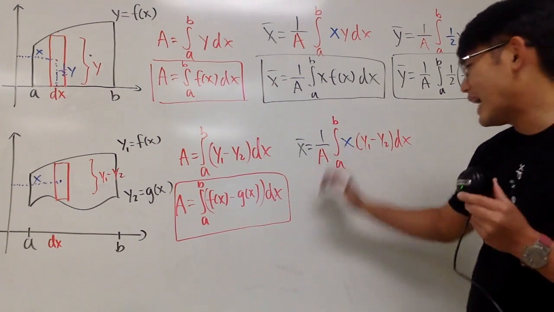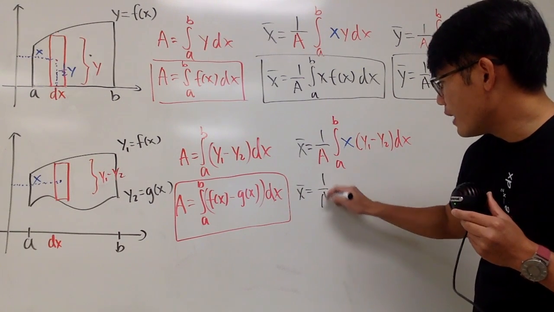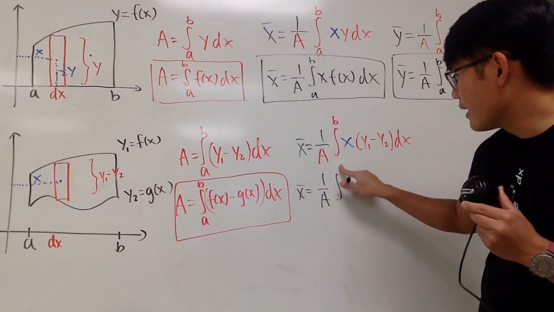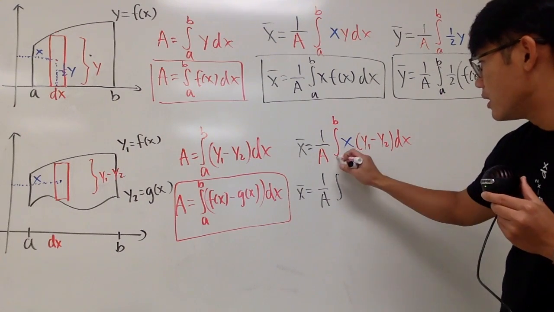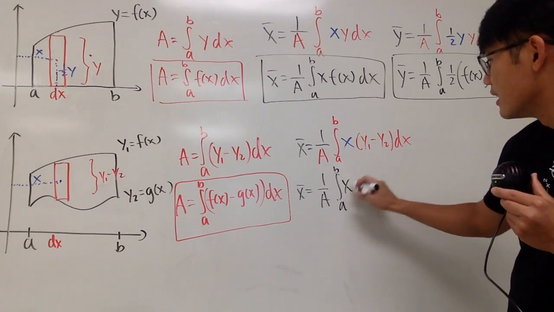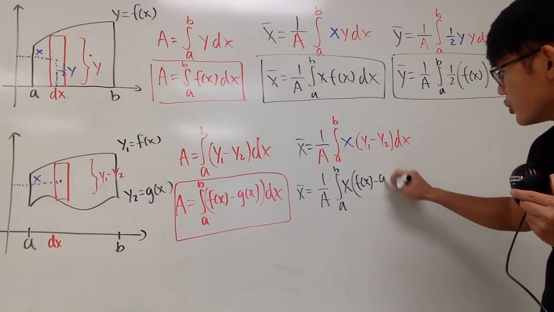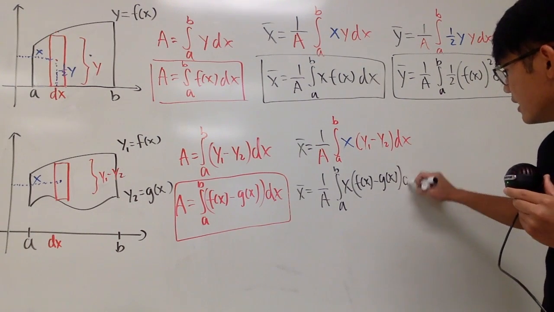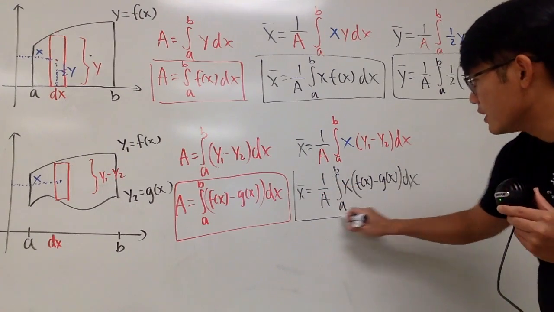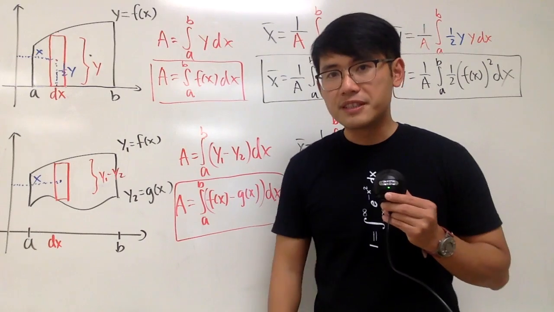So we have x bar equals 1 over a, integrating from a to b, and this is just x times f of x minus g of x. So f of x minus g of x, like this. And don't forget your dx. So here is your formula for the x bar when you are talking about in between of two curves.